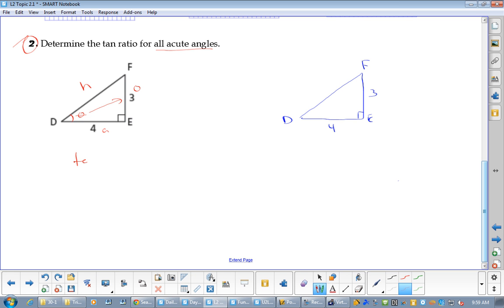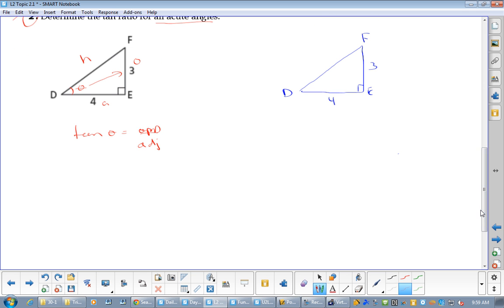So I'm going to use tan theta equals opposite over adjacent. We always want to write down our formula first because you'll get a mark for that. Then tan, I don't know theta, I will leave it as unknown angle, equals opposite is 3, adjacent is 4.